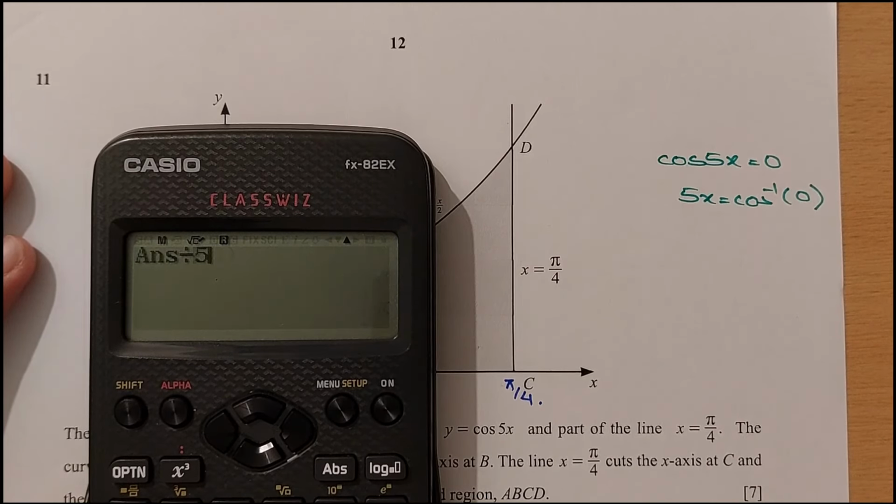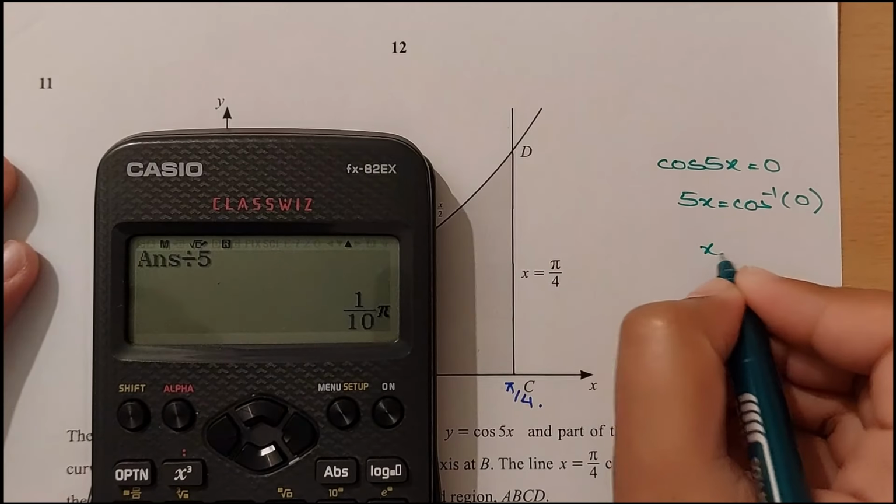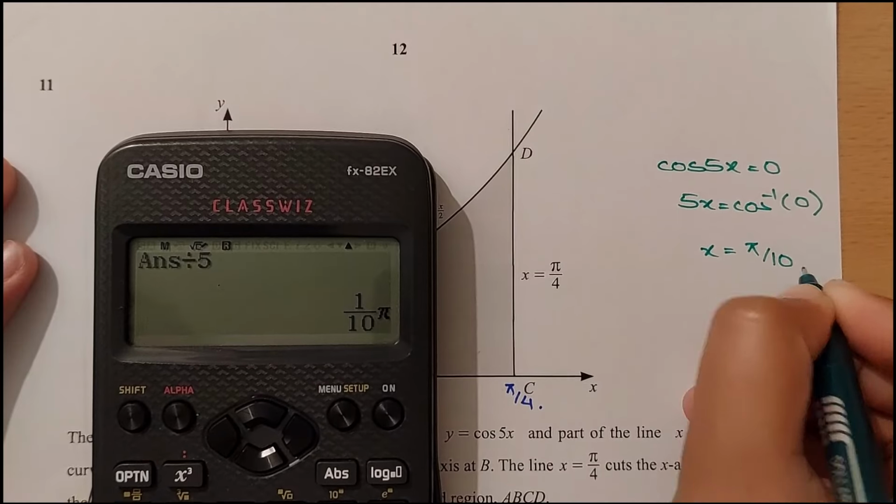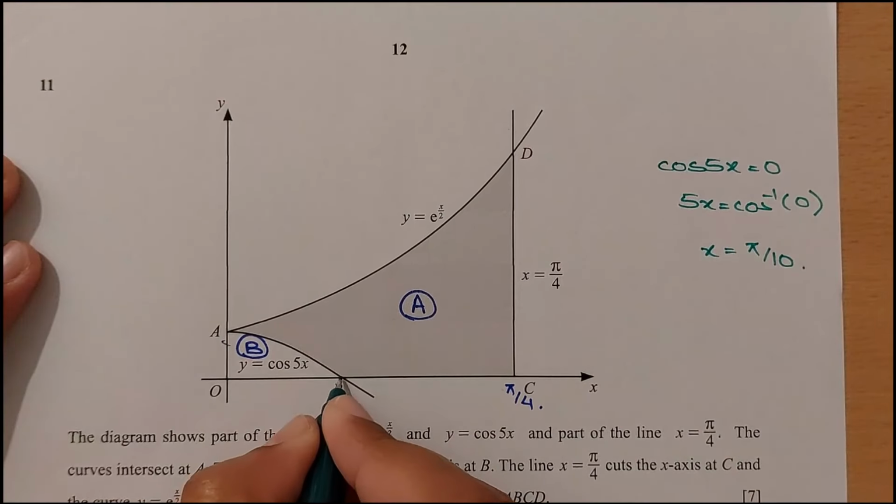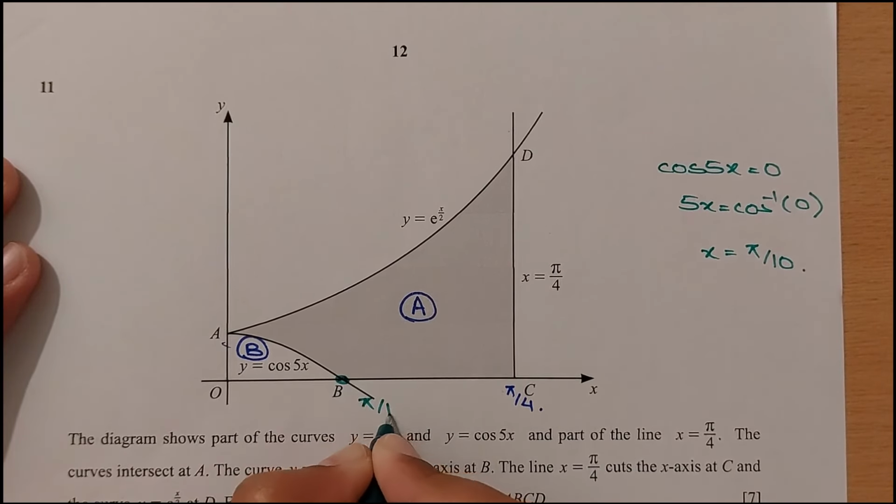Dividing by 5, x is pi by 10. So the x value is pi by 10.